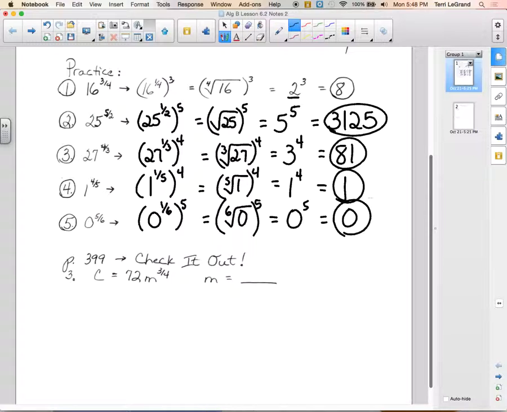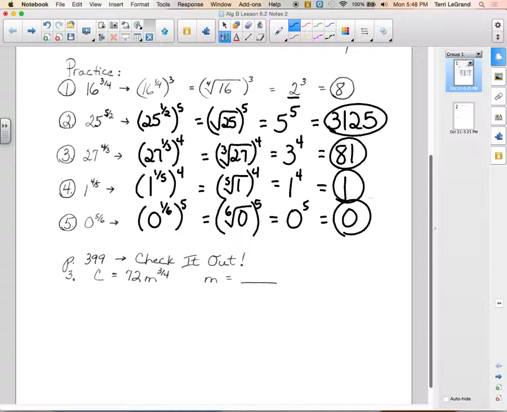Well, I think there's an equation that'll help us find that in the example above. It says the approximate number of calories, capital C, that an animal needs each day is given by C equals 72 times m to the 3/4 power, where m is the animal's mass in kilograms. So in that example, they were finding the number of calories a 16 kilogram dog needs each day. So notice what they did. They put the 16 in for the m.